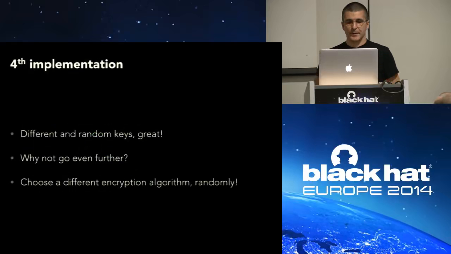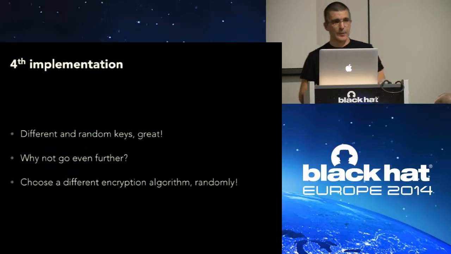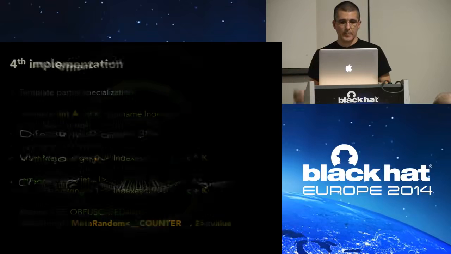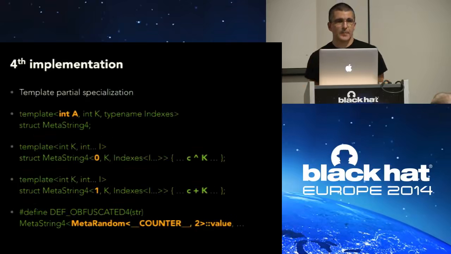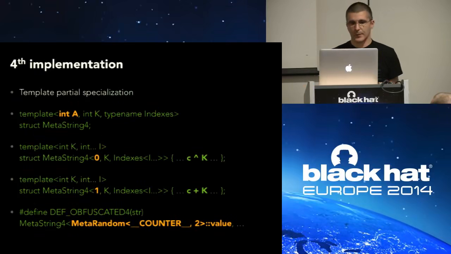Okay, it's great, but is it possible to go even further? For example, to choose a different obfuscation algorithm for each string and for each compilation, and to choose this randomly. And yes, it's possible. I'm introducing a new parameter, A, for algorithm. And what is possible with C++ is to make what is called a partial specialization of a class.